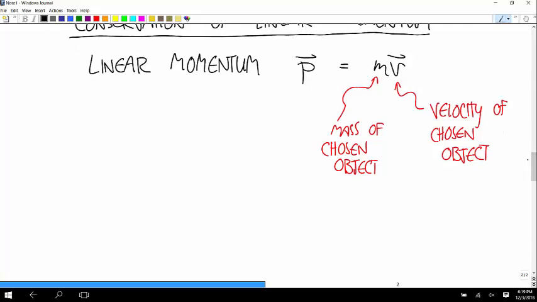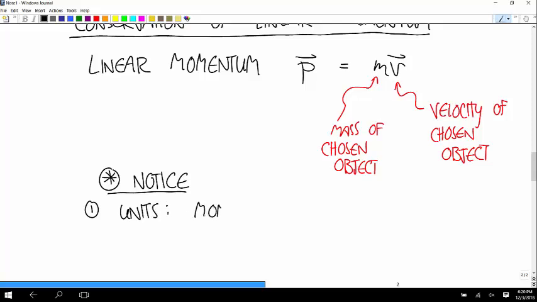There are two things to notice about this. The first one is that the units of momentum are units of mass times units of speed.